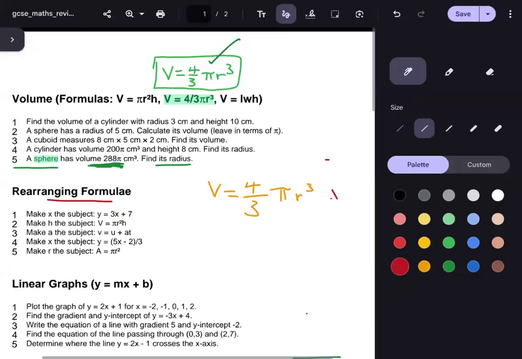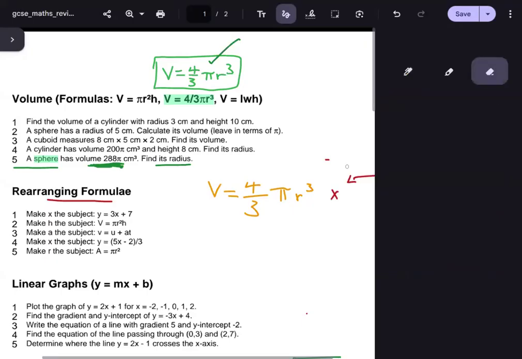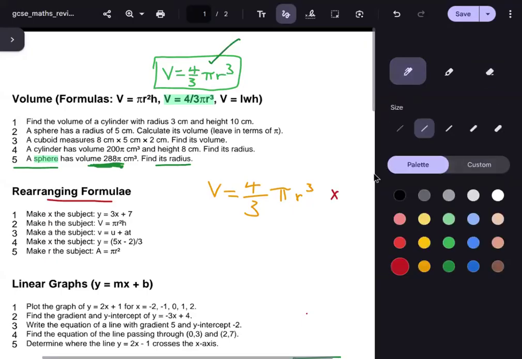So you can multiply both sides by 3 over 4 to get rid of the 4 over 3. So let's do that. Here it's going to be 3 over 4, and then on this side as well, 3 over 4.